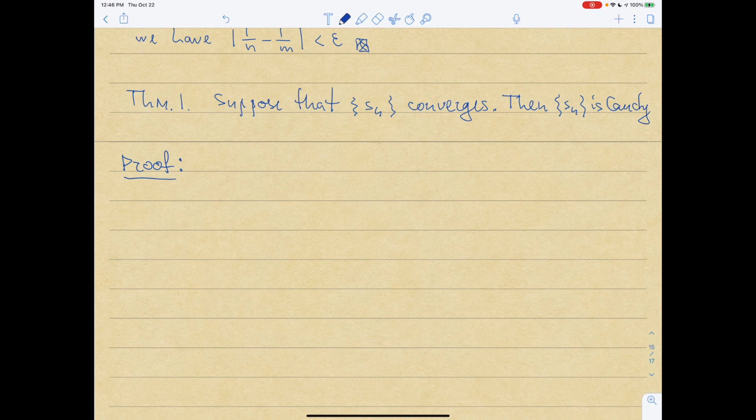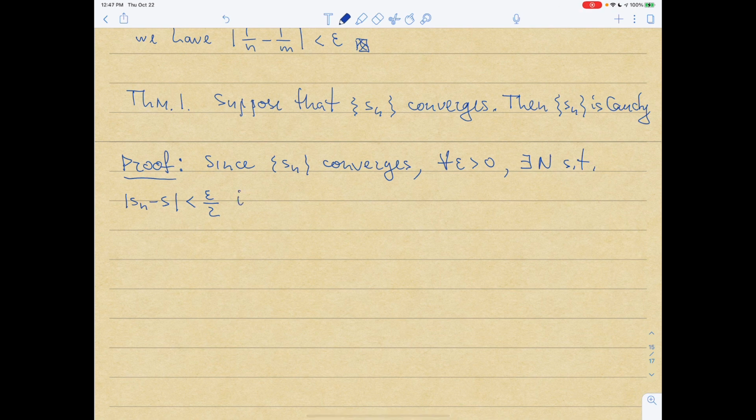So what do we have? Since Sn converges, for any epsilon greater than 0, there exists a capital N such that absolute value of Sn minus S is less than, and I'm going to use epsilon over 2 here, and it will be clear when I am using epsilon over 2 in a moment, if n is bigger than capital N, right?